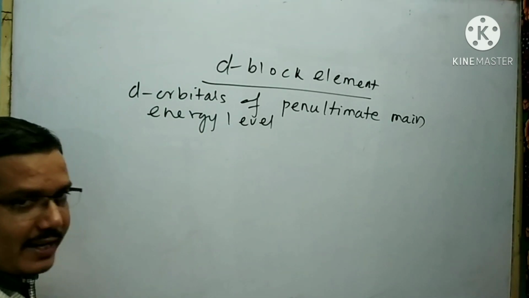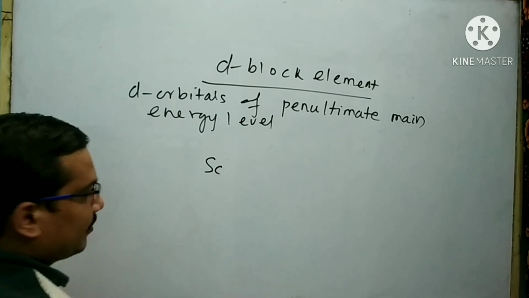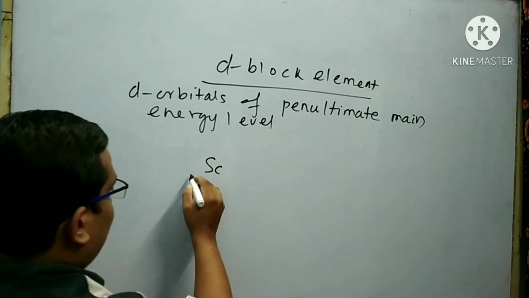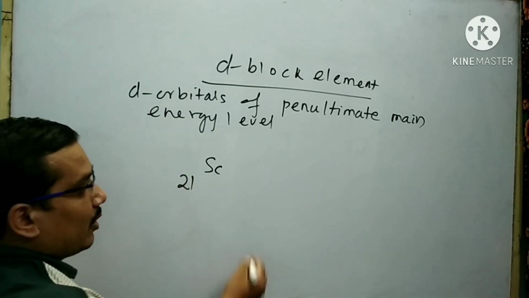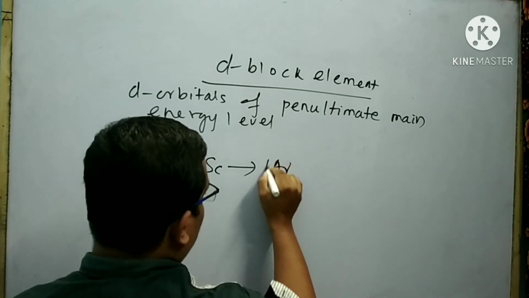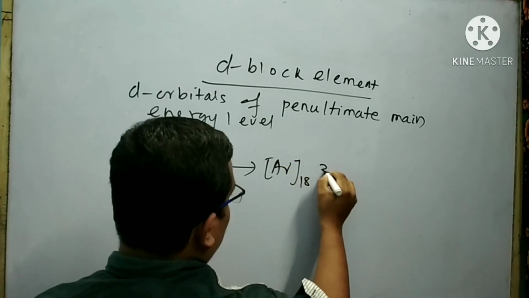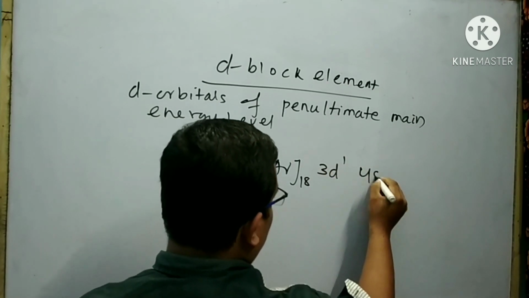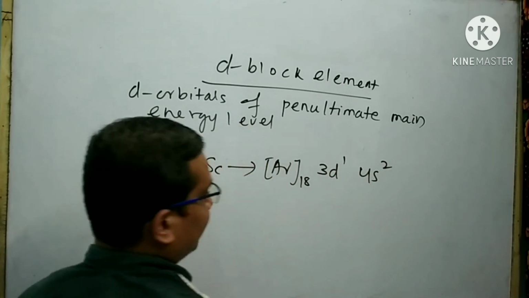Suppose I take an example, scandium. Scandium has atomic number 21. The electronic configuration of scandium is argon 18, 3d1, 4s2.